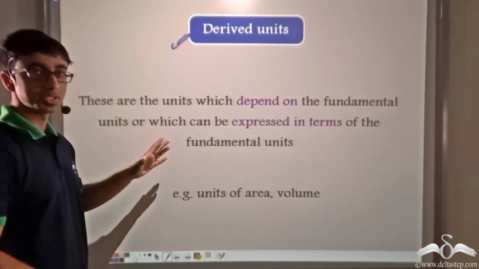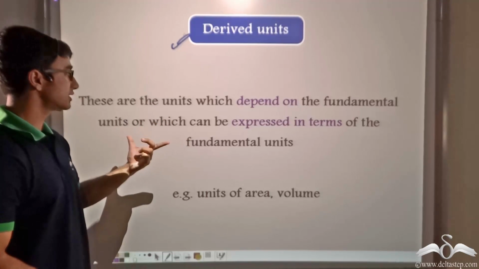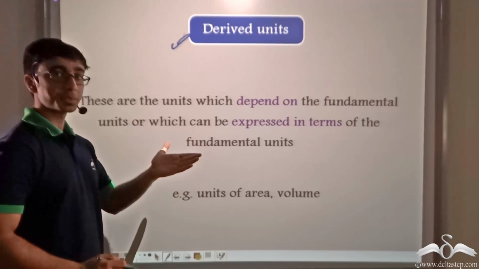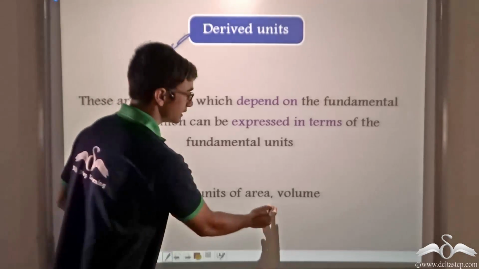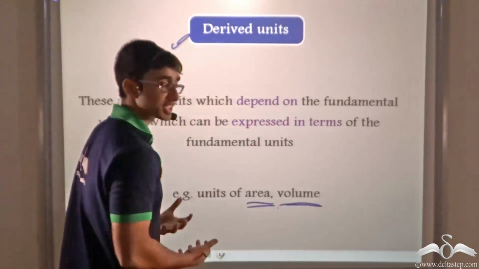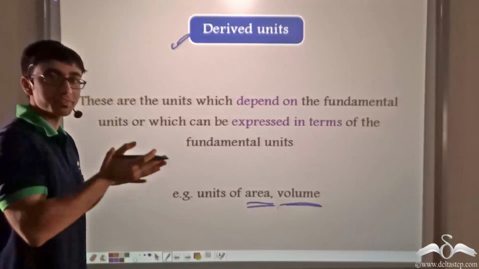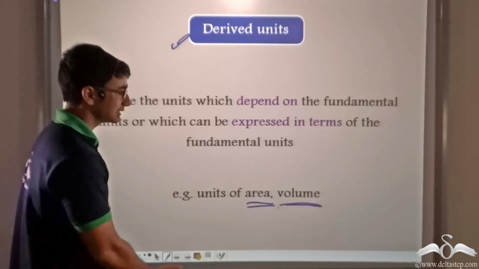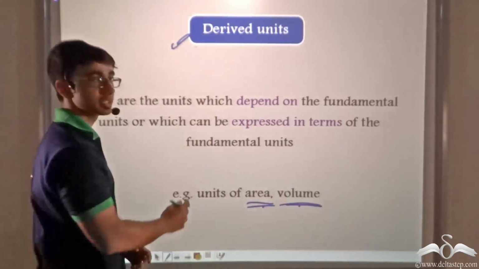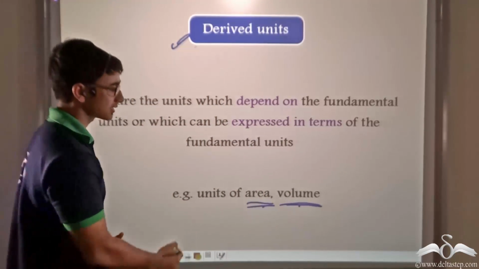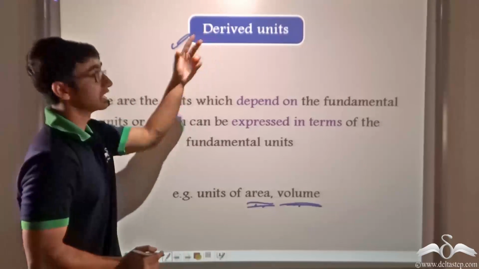Derived units are those units which depend on the fundamental units or which can be expressed in terms of the fundamental units. So as we saw, the units of area and volume, for example, depended on the unit of length. So we can say that the units for area and volume will depend on the unit of length, and thus their units are derived units.